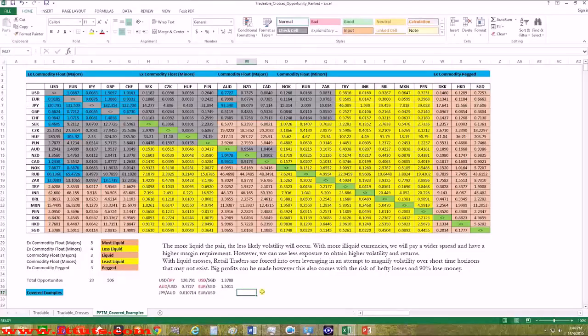Now, what if we looked at a different situation where we looked at the US dollar Sing dollar and the euro Sing dollar exchange rates? What if we wanted to actually get from these two results, these two exchange rates, the euro dollar rate from these two cases here?